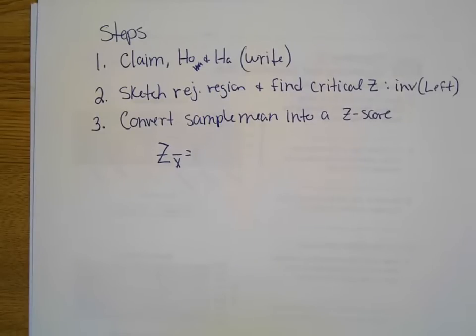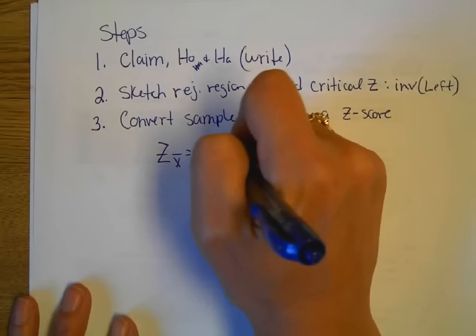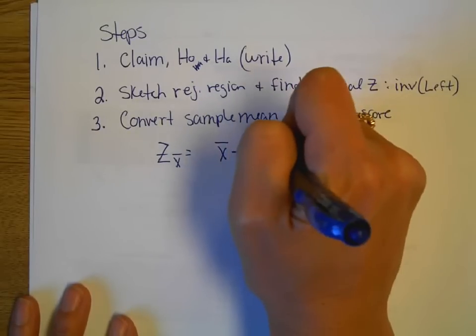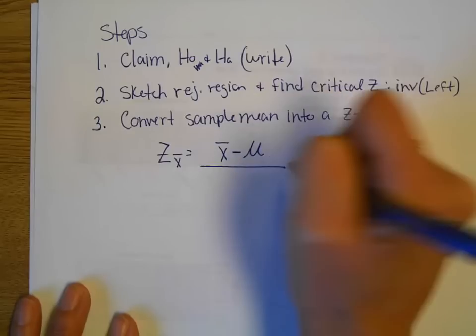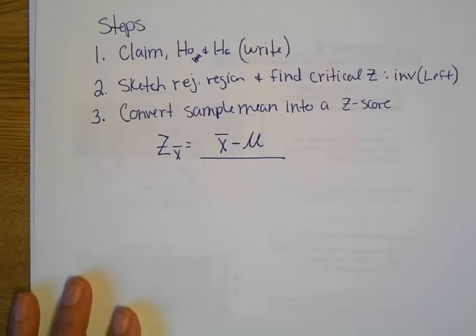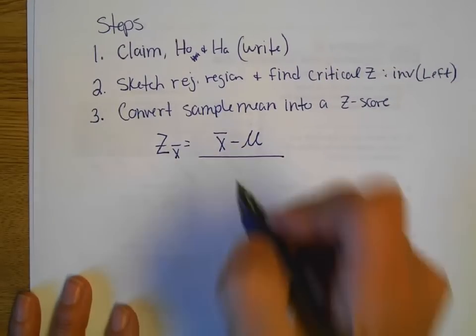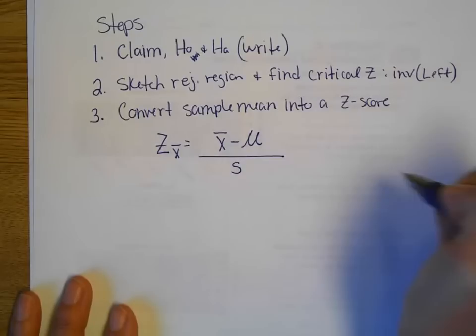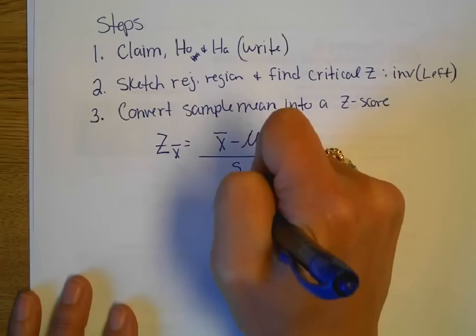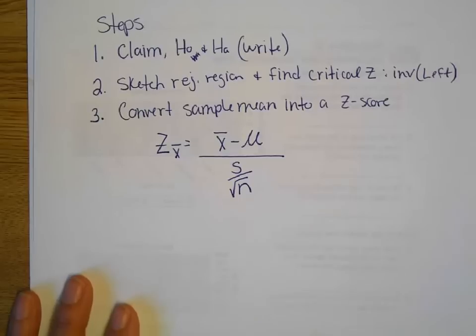Okay. So we did this two chapters ago when we had an x value and we turned it into a z-score to see where it fell on the curve. To do this, take the sample mean, subtract the population mean, divide by the standard error, which is the sample standard deviation over the square root of the sample size.